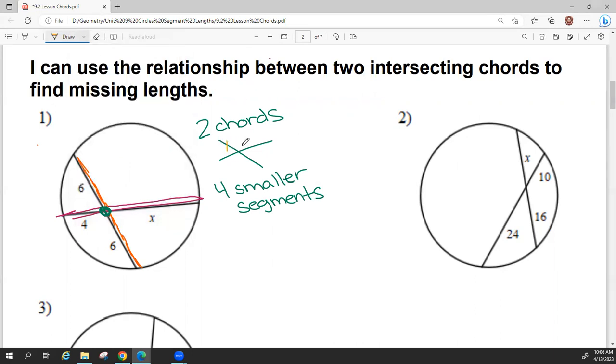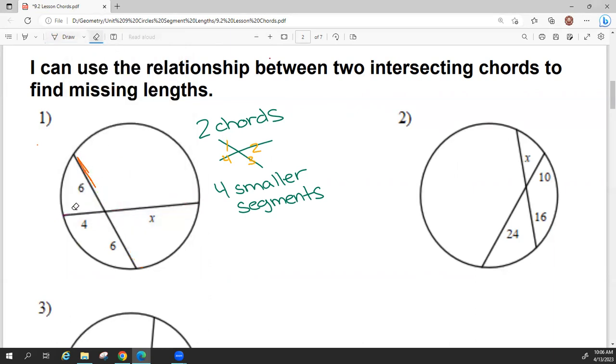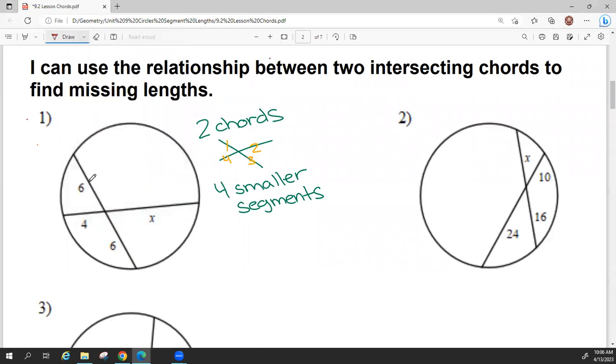So we have segment 1, segment 2, segment 3, and segment 4. If I label them going around in a circle, 1, 2, 3, and 4, just be careful, don't get confused with me labeling the segment and how long the segment is.